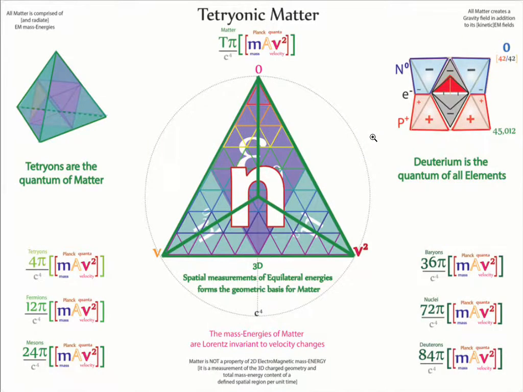Tetrionic matter specifically, or the standing wave mass energy forms that create matter, again, these are the charged faceted geometries of standing waves of mass energy that are accelerated in the accelerators to create the collisions. The energy of acceleration, or the kinetic energy of motion, is stored as a kinetic energy plus a magnetic moment in the chem fields.